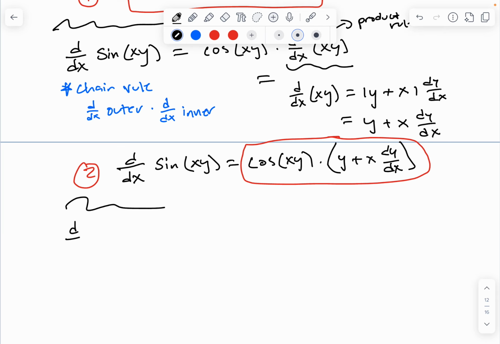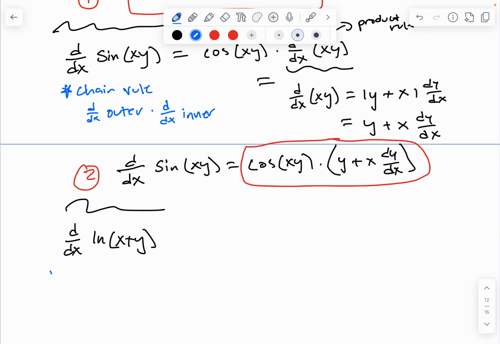So the derivative of ln of x plus y. For this, we're going to have to use chain rule, because you have a function ln of something, and the inner part is another function.